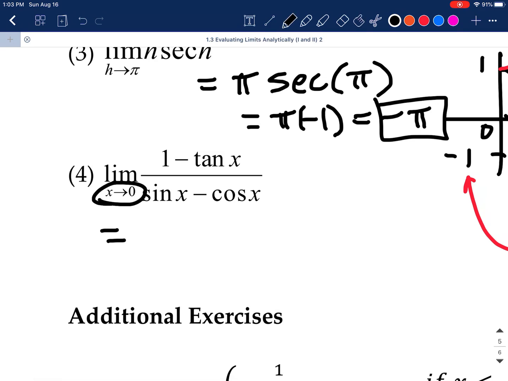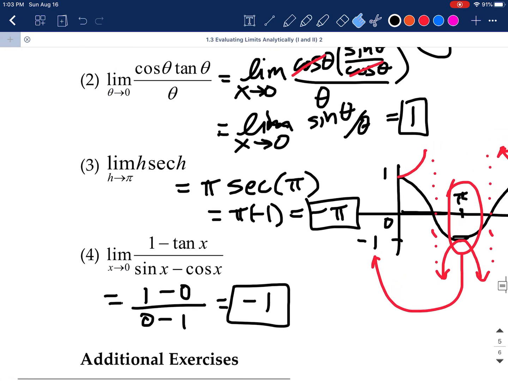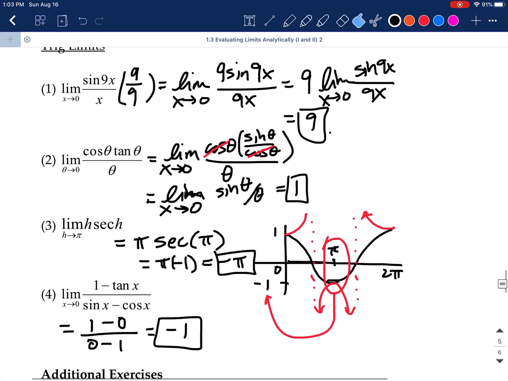So let's see. So at 0, tangent is 0, sine is 0, cosine is 1. So this looks like it's going to work out too. So 1 minus 0 over 0 minus 1, which is -1. So again, don't assume that you need to do a special trig limit just because you see trig expressions.